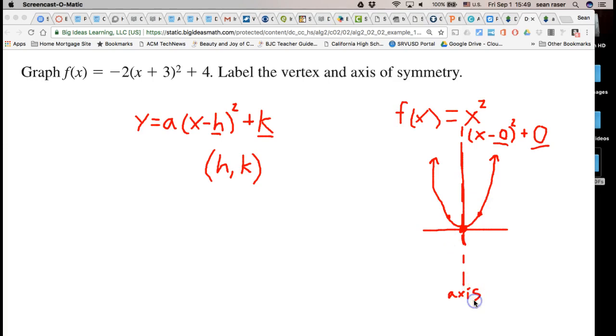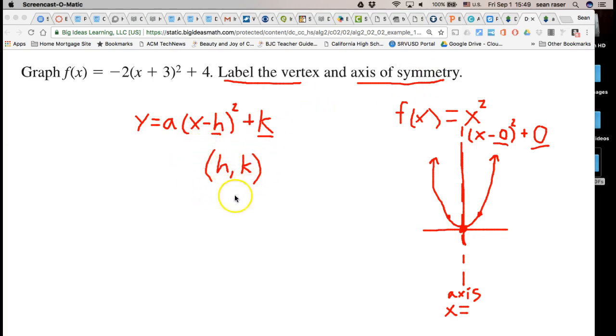The way that we write our axis of symmetry is this: it's a vertical line, so it's going to be an equation of a vertical line. Remember, vertical lines are constants, and they are just x equals whatever x value they cross through on the x-axis. That should help you for this first one where we have to label the vertex and the axis of symmetry.